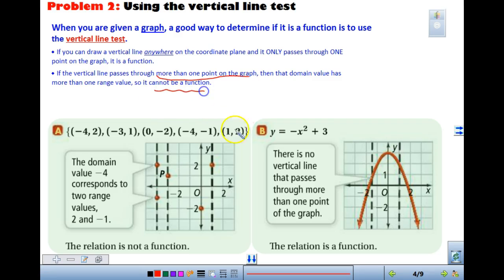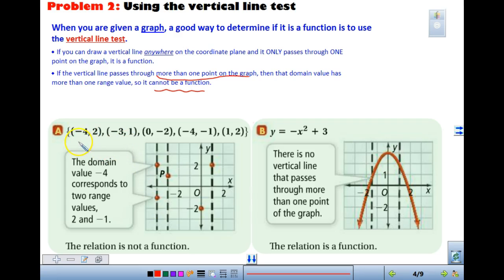If the vertical line passes through more than one point, anytime it passes through more than one point, it will not be a function. So when we are plotting these points, so they plotted the point -4, 2, they plotted the point -3, 1, they plotted 0, -2, -4, -1, they plotted all of those points. And if we plot all of those points, then we are looking at if we draw a vertical line. So they drew all these vertical lines, and here it crossed 2 points.